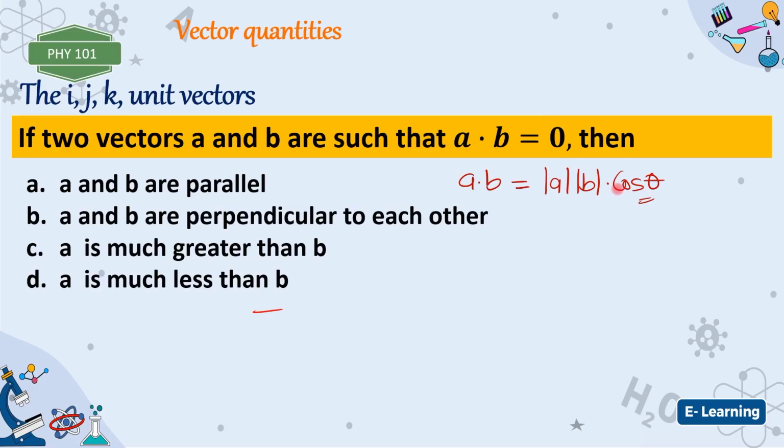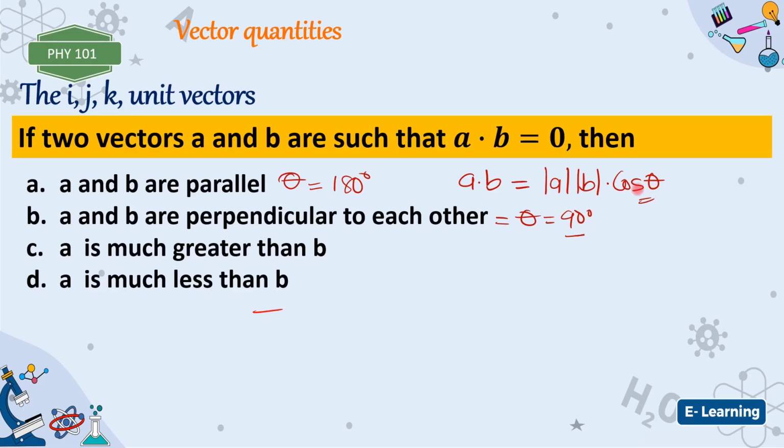When two vectors are parallel, the angle between them, theta, is 180 degrees. If two vectors are perpendicular, the angle between them, theta, is 90 degrees. Now you are going to plug this into the formula.